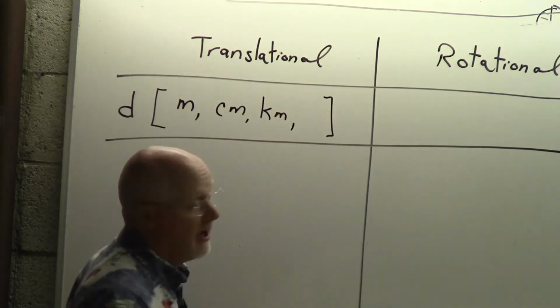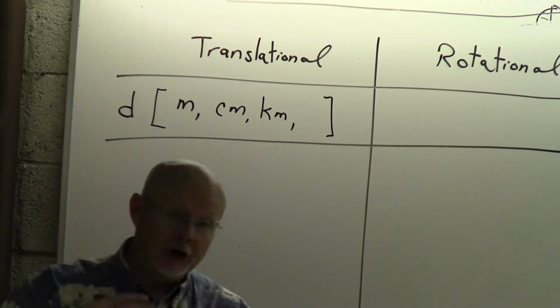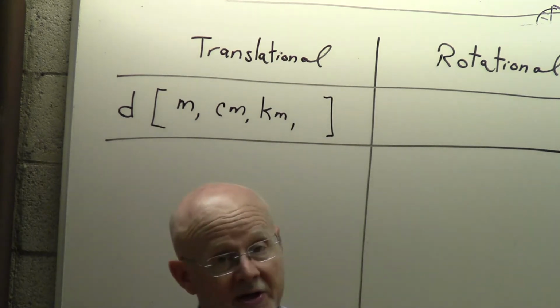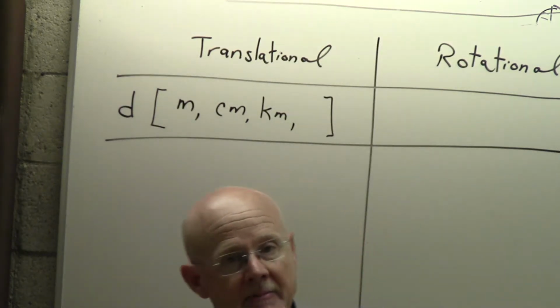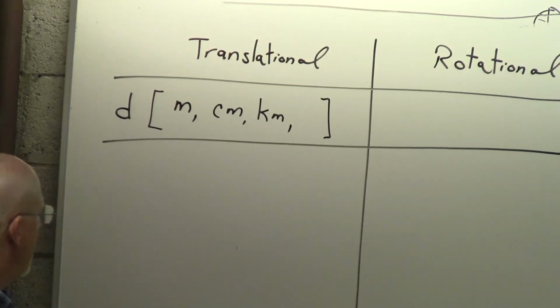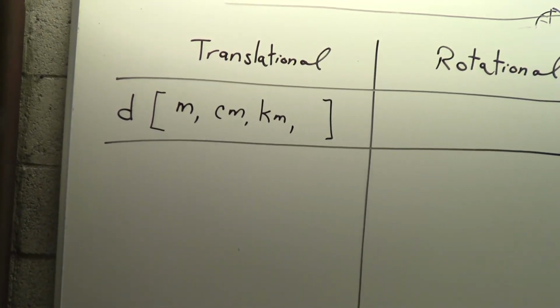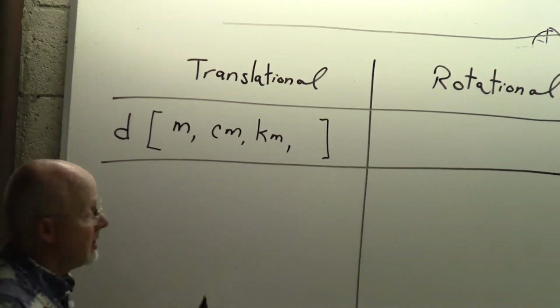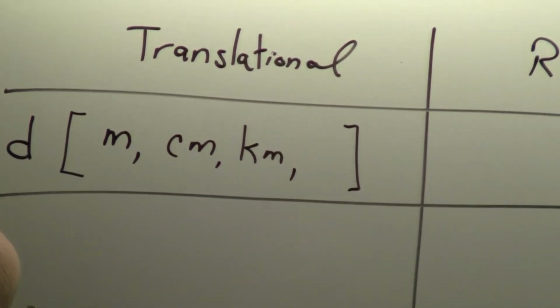There were a lot of different units we could use, but the base unit was the meter. Sometimes that was the best, but sometimes centimeters was the best. But we could switch back and forth, and I would say the switching back and forth between these units was the whole part of Chapter 1.